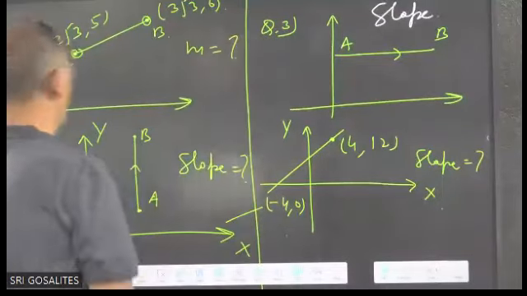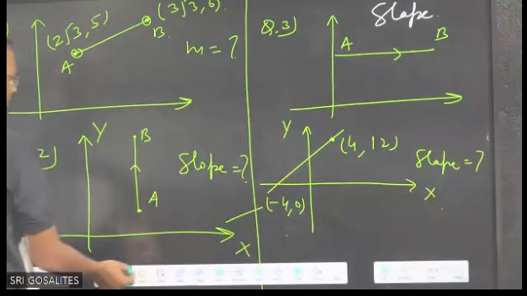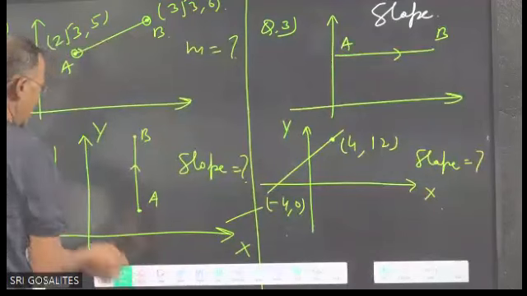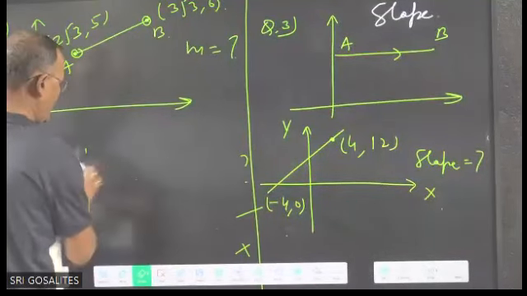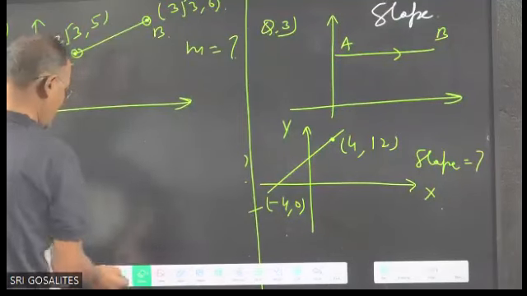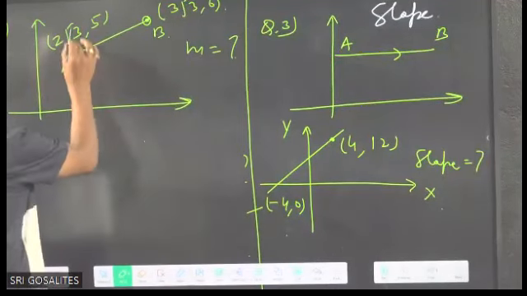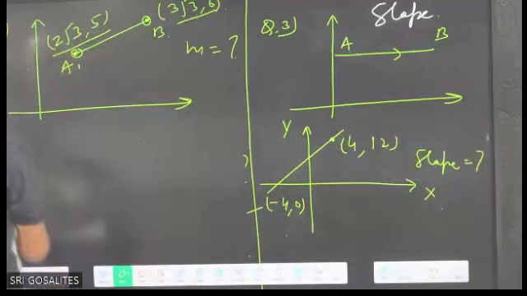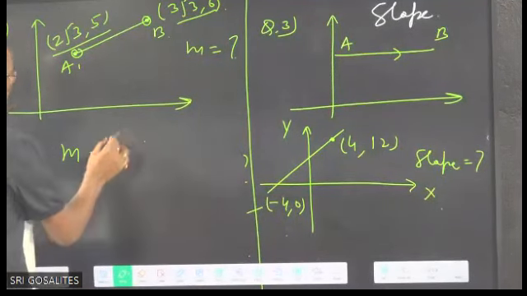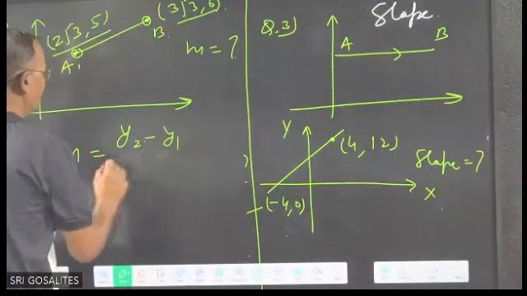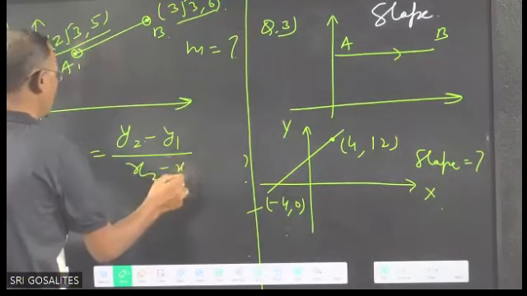Good. 1 by √3. See, how to solve it? For that, we will clear the second one because we need a space. So, see, what are you seeing here? x1, y1, x2, y2. What is the slope? y2 minus y1 over x2 minus x1.